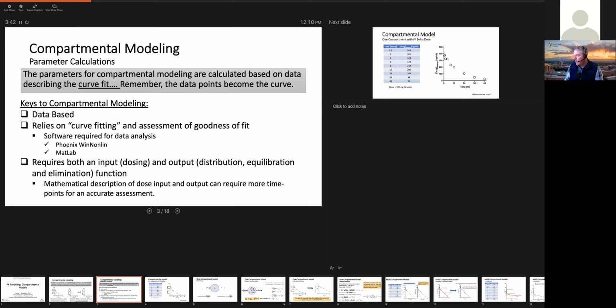Now it's Phoenix WinNonLin, a nonlinear curve fitting package that also has all the equations and calculates all your goodness of fits and Akaike information criteria and all the things you need. These curve fittings can also be done in MATLAB.